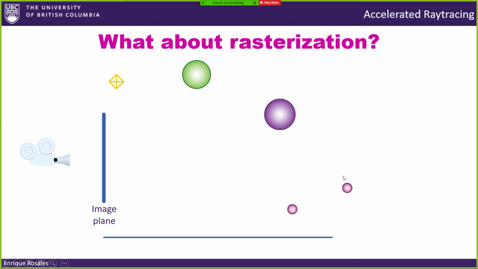The problem that we are trying to solve here is we are shooting rays from the camera to the world. Remember, this is in general called backward tracing. And that is basically the opposite of what happens in real life, because in real life, light comes from the light source, hits the objects, and then bounces to the camera.